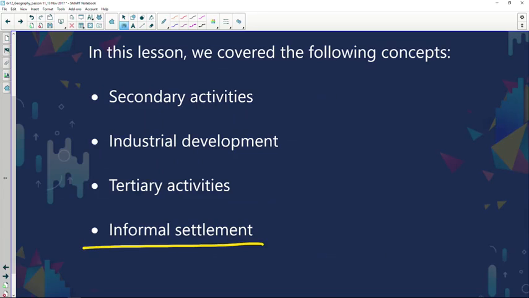We looked at informal settlements as quite a big sector in South Africa. Unfortunately, the trading taking place doesn't add to the GDP of our country because they're not paying tax, but we can come up with solutions by helping these people move from the informal sector to the formal sector.